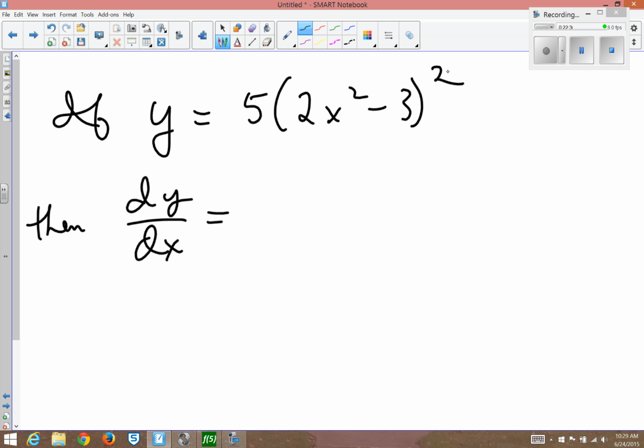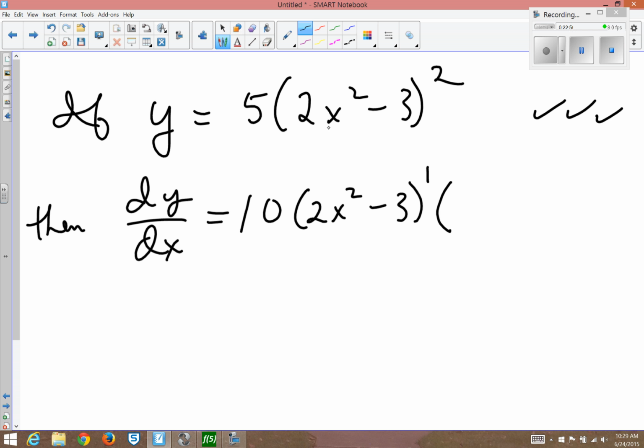There's four things. 2 times 5 is the first thing. Whatever's in the parentheses gets copied. That's the second thing. The 2 exponent becomes a 1. That's the third thing. And the last thing is we multiply by the derivative of whatever is inside here.